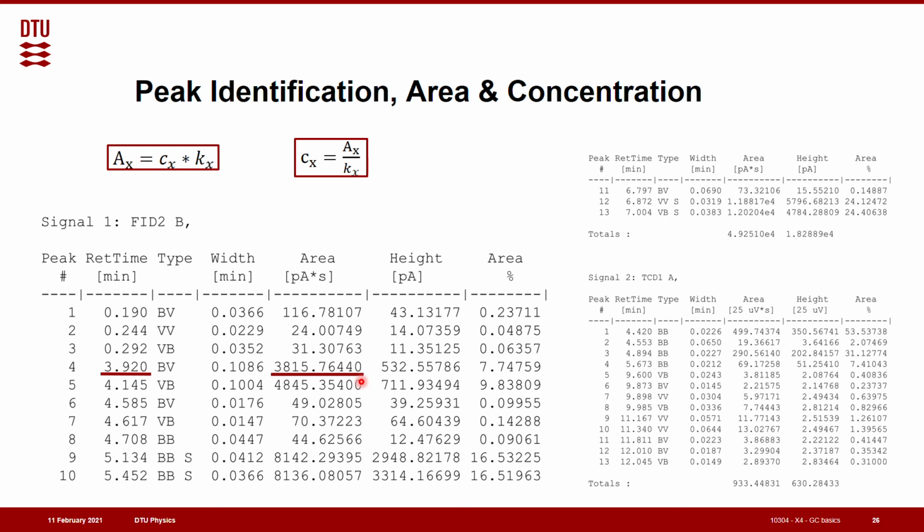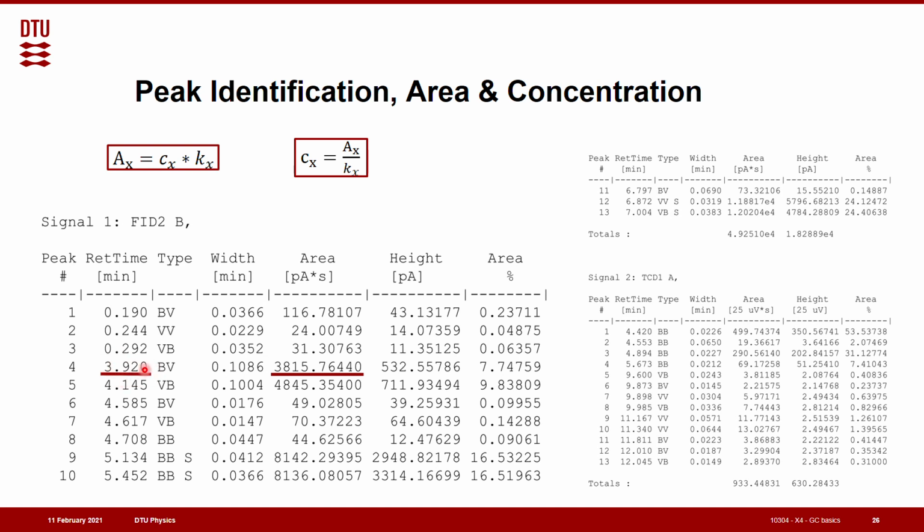Now, if no parameters are changed, so temperature, ramping or constant temperature, and the flow is the same for the method, and it's not changed between two methods, then the same compound will always have the same retention time. So in this case, we get the FID signal, and this is the first thing that comes through. This is the CO peak, and I know that CO will always have a retention time of around 3.9.